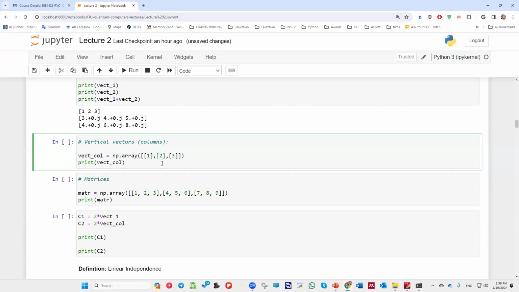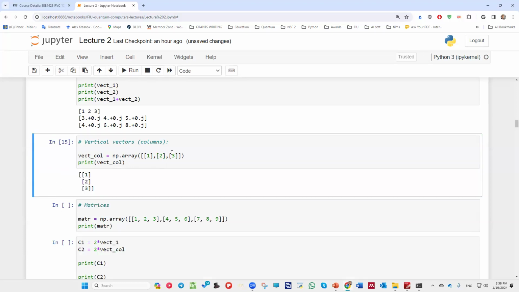I can also write the vector in the column version, or vertical vector, like this. So there is a rule for how to write the components. When I write the components, I create this np.array, then parentheses. Let me write this from scratch.